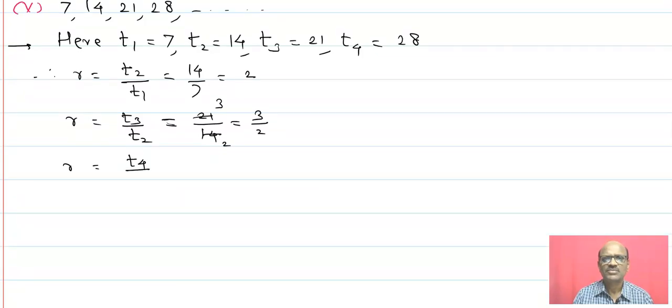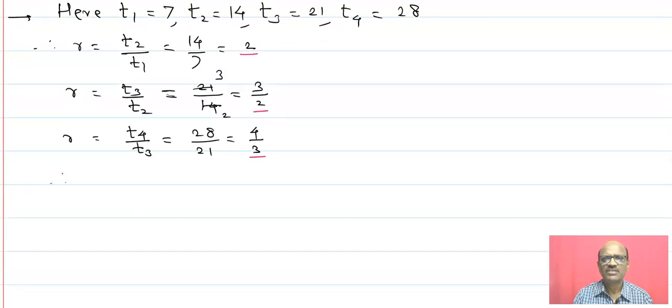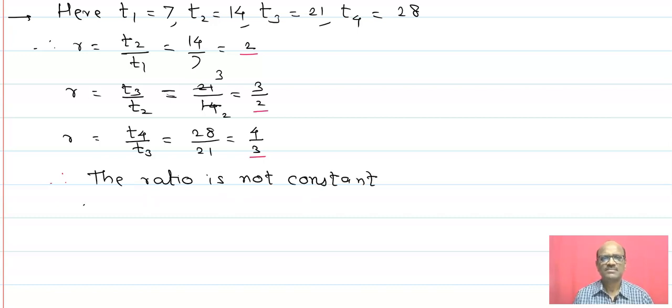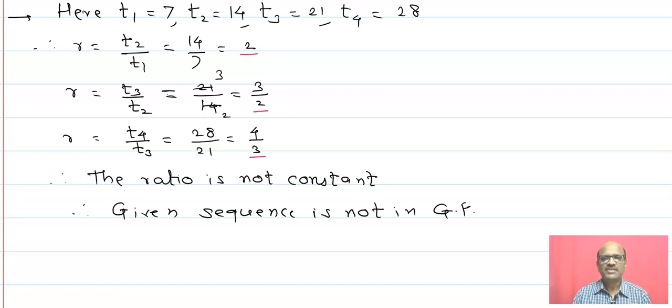Next, R is equal to T4 upon T3, that is 28 upon 21, that is 4 upon 3, and everywhere the ratio is not constant. Therefore, the given sequence is not in geometric progression. It is not in GP.